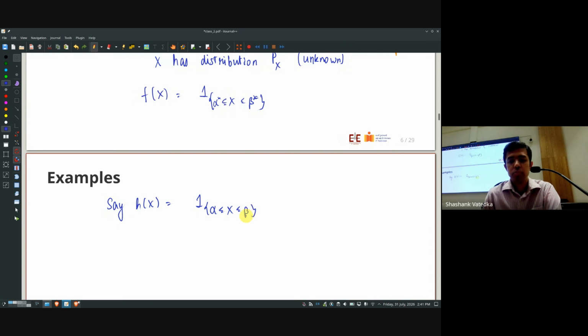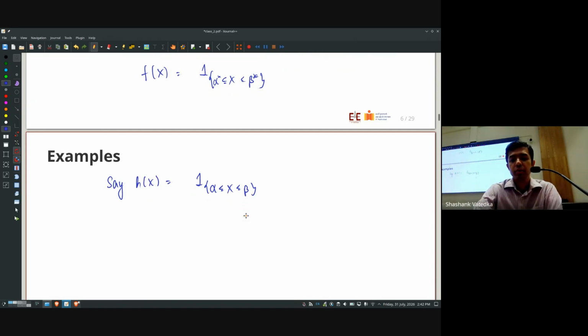Or even otherwise, suppose we consider one particular predictor from this hypothesis class, where h of x is indicator alpha less than or equal to x less than or equal to beta. Okay. And this alpha and beta could potentially be different from alpha star and beta star, right?